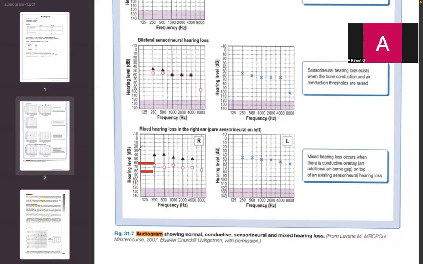So 20 to 40 is mild, 40 to 60 is moderate. This is severe. There's severe loss in air conduction, but the bone conduction is lying between 40 to 60.